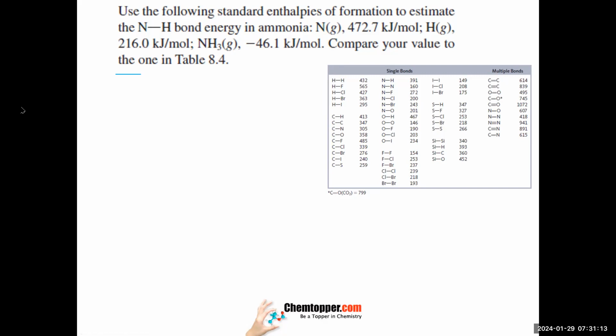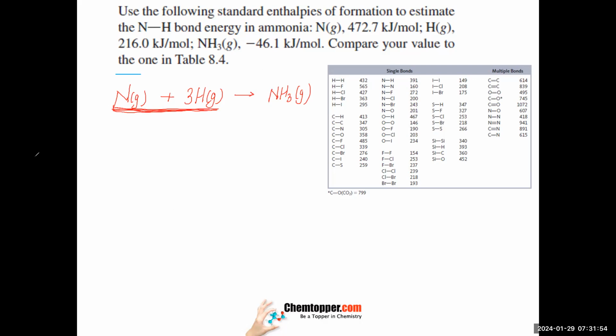Nitrogen gas, isolated nitrogen gas, reacting with hydrogen gas, isolated, giving you NH3 gas. 3 hydrogen. This is the equation. Is there any bond breaking here? On the reactant side, is there any bond breaking? No bond breaking, right? Okay.